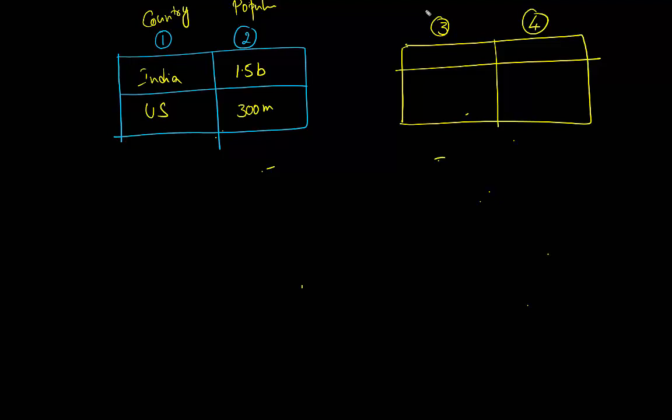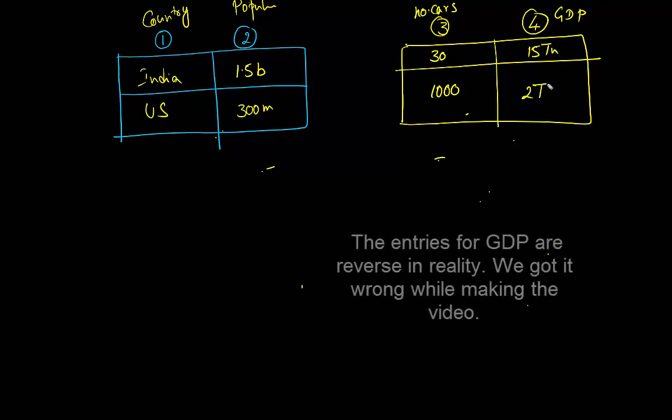Let's say this represents the per capita number of cars. India is going to be like 30 cars per capita, and US is going to be like 1,000 cars per capita. And this is the GDP, like 15 trillion, and this is 2 trillion.